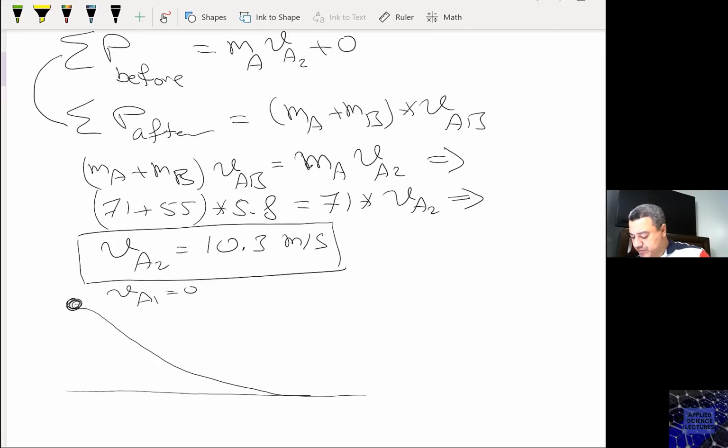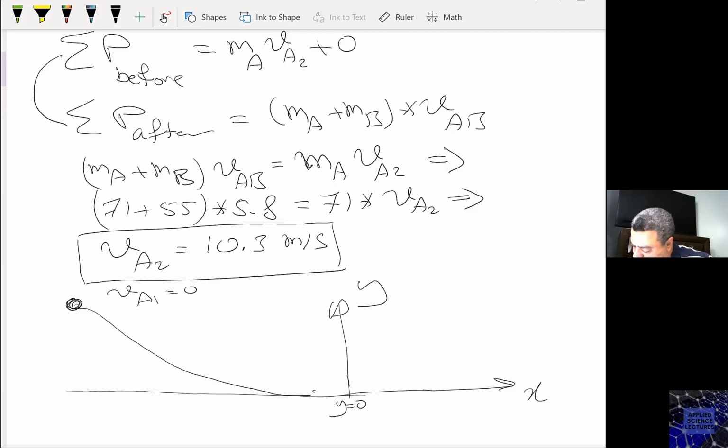VA1 was 0. Now he's going to go to y equals 0. Again, this is y, this is x. This level is y equals 0.